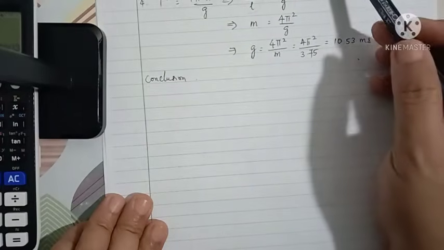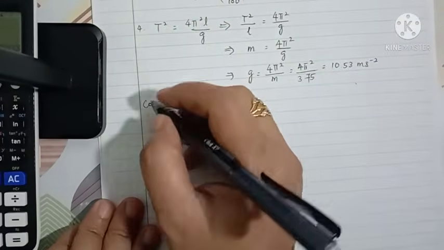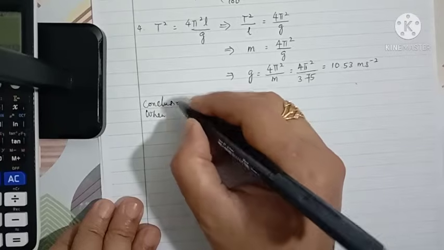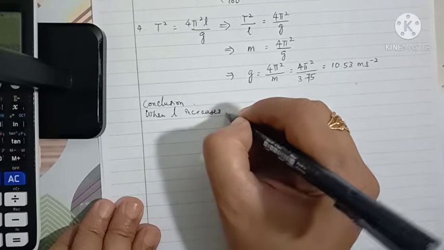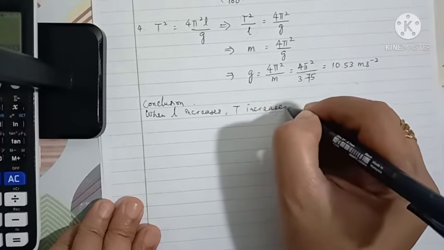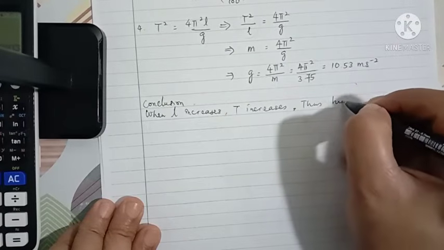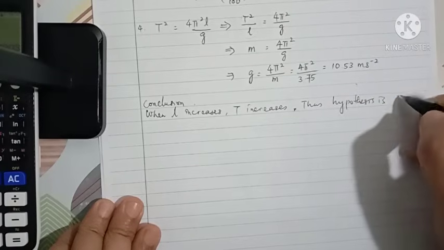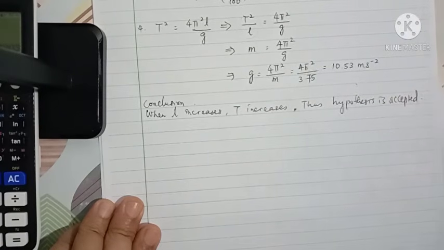Based on this, you get T squared is directly proportional to L. Thus, when L increases, T increases. Thus, the hypothesis is accepted.